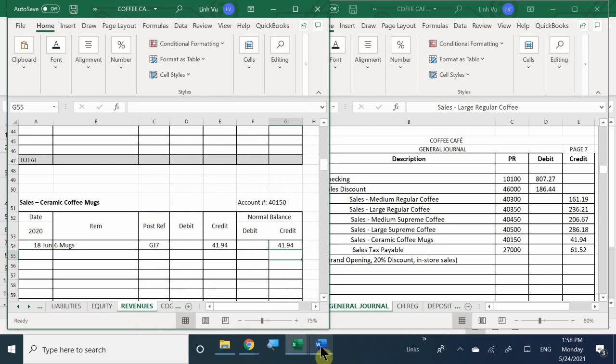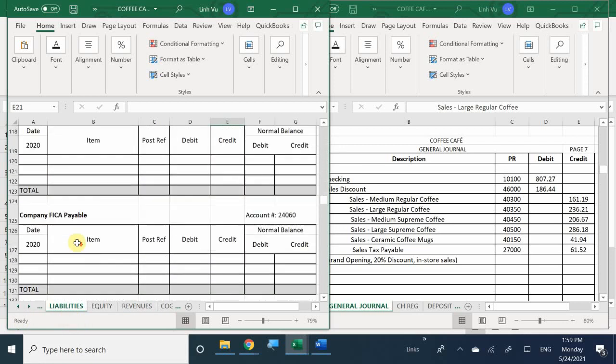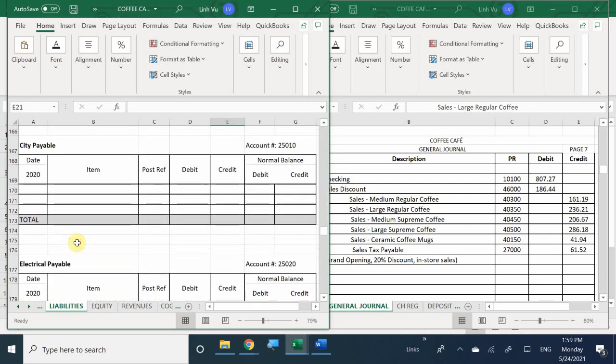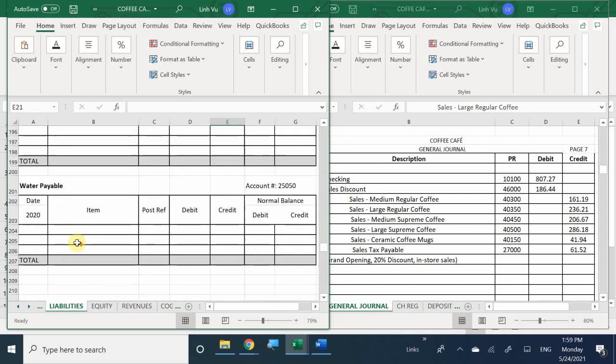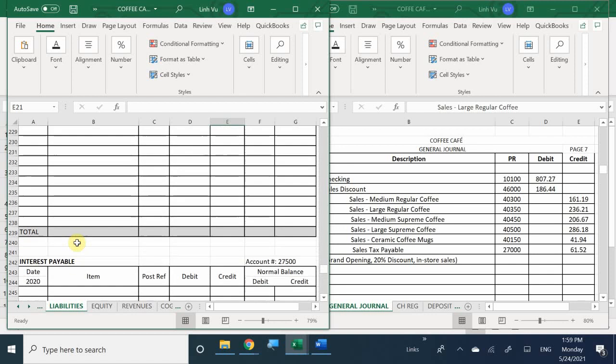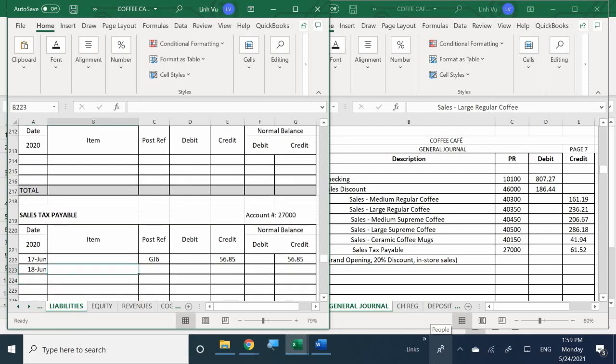Now let's see. We need to go to sales tax payable. Here you go, sales tax payable. 618, JG7.